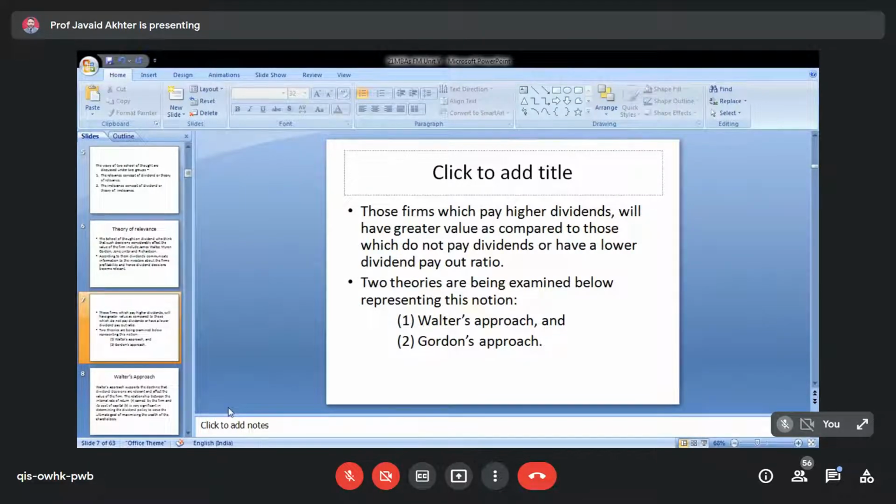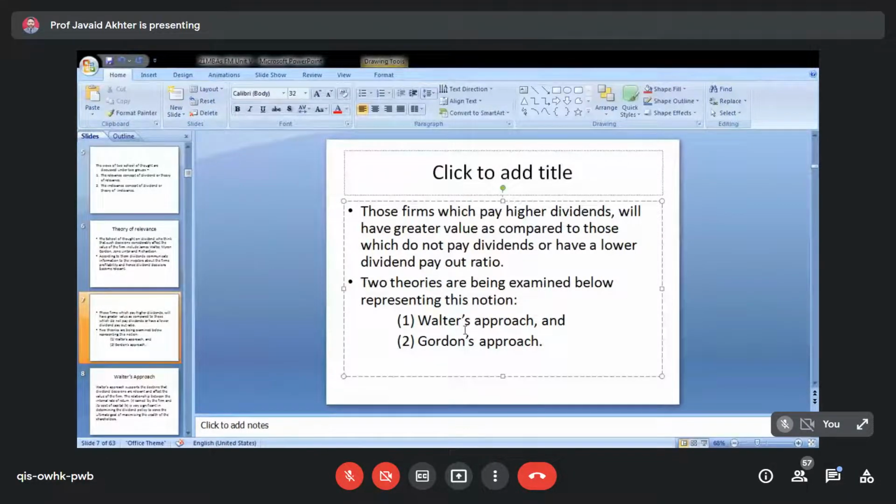So who are the important people? Let us talk about one of them, Walter's approach. Walter has suggested a formula. If we substitute the values in that formula, we will see that share price changes as dividend payout ratio changes. I'll repeat. According to Walter's approach, the share price of a company changes as dividend payout ratio changes.